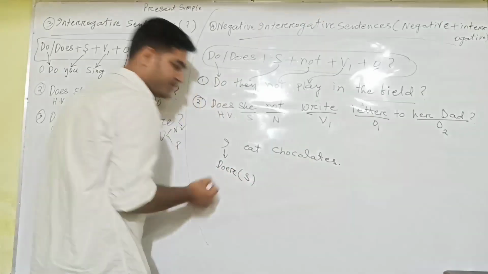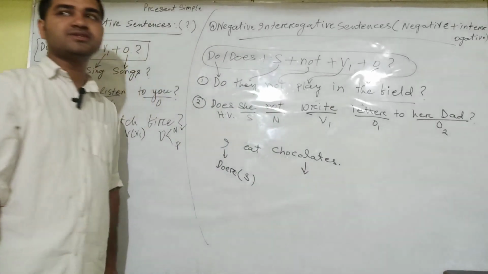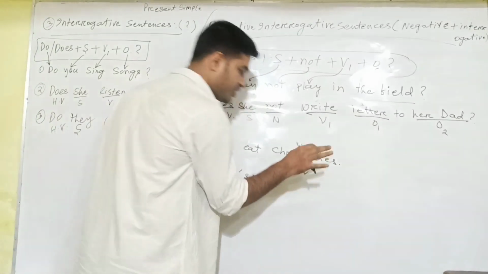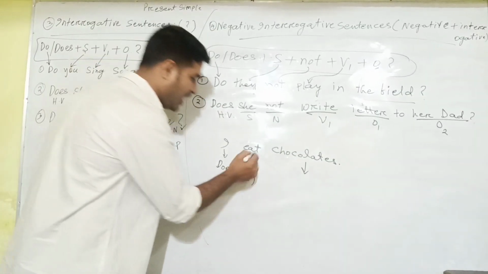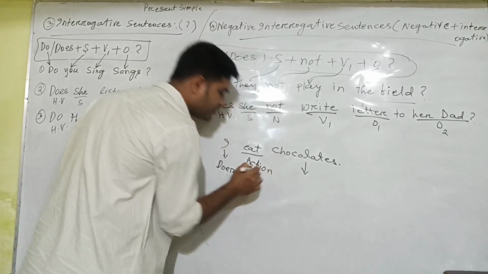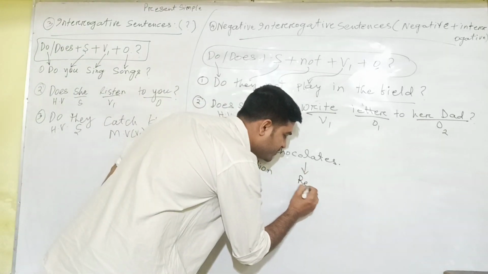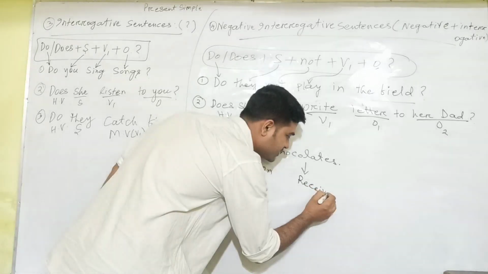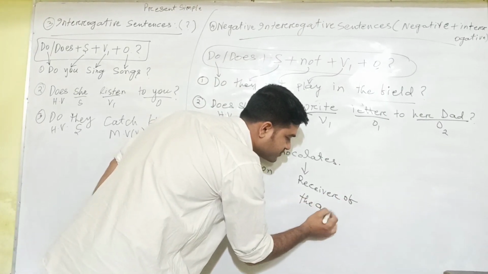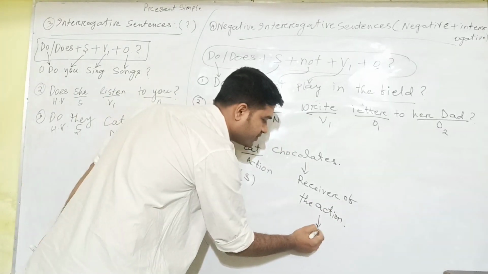And what is subject and object? Receiver of the action is the object. This is the action, what I am doing here. Here it is the receiver of the action. So it is the object.